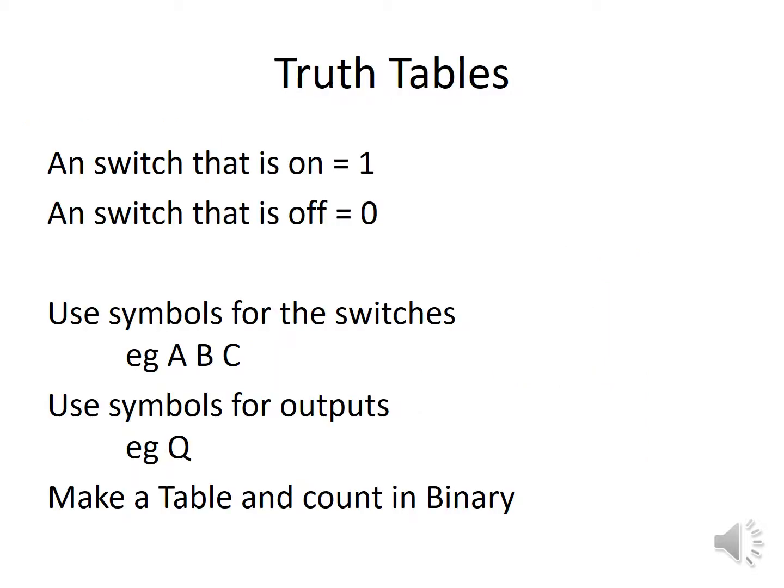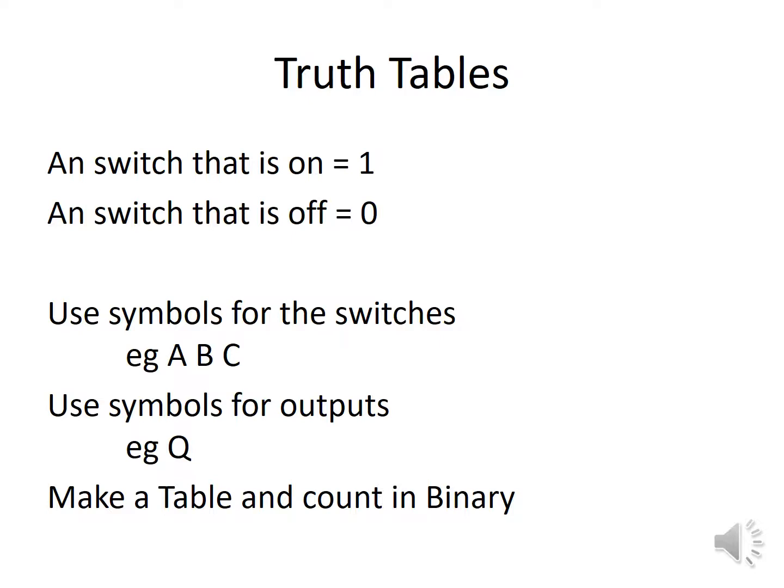Right, now to do these truth tables, there are some simple rules. A switch that is on is equal to 1, and a switch that is off is equal to 0. But we don't use switches, we use symbols for those switches, such as A, B, and C, and for the outputs, again, we use symbols, we don't use light bulbs, such as Q. When we make the table, we may have more than just one input, and in that case, what we do is we count up in binary, in the same way you learn to count in binary.